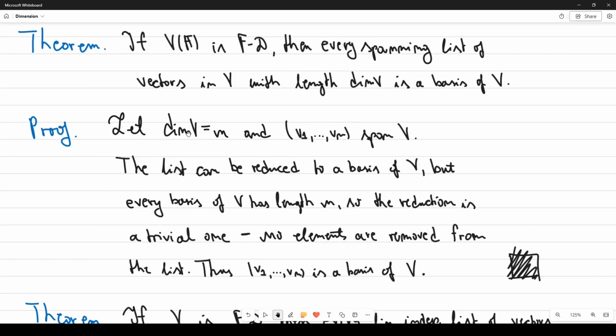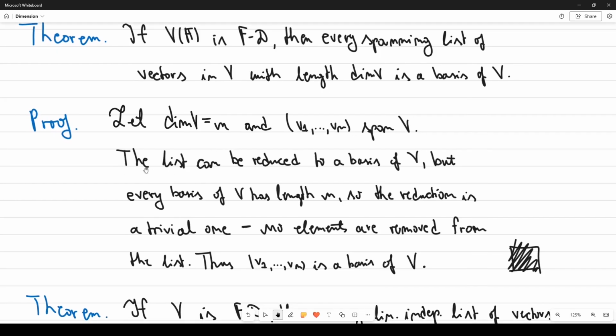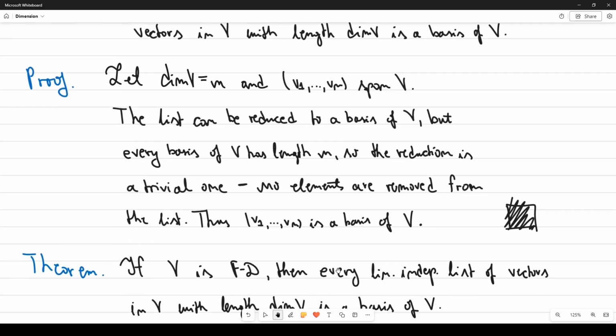So let the dimension of V be equal to n, and let this list of vectors span V. Any spanning list can be reduced to a basis of V, so this list can be reduced to a basis of V, but every basis of V has length n, and this already has n elements in it, so the reduction is a trivial one. No elements are removed from the list. Thus, our list was already a basis of V.